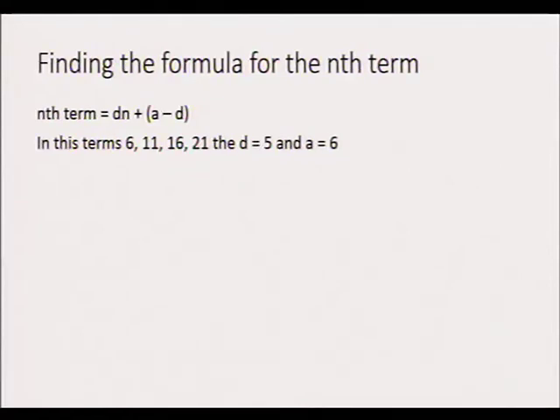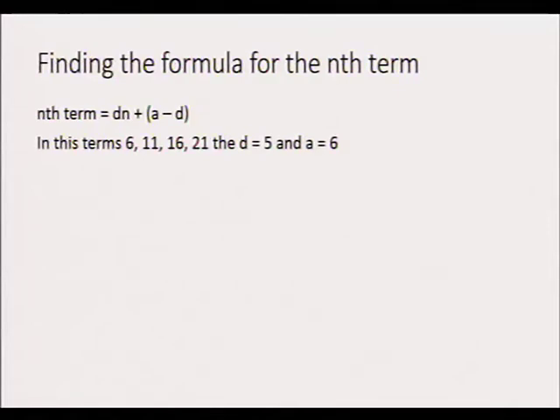If it's increasing by 5, your d will be plus 5, plus 5, plus 5 every time. And your a will be 6. Where do we get the 6 from? The 6 is the very first term of the numbers that you are getting. If it's 7, your a becomes 7. If it's 3, your a will become 3. So that is the formula.